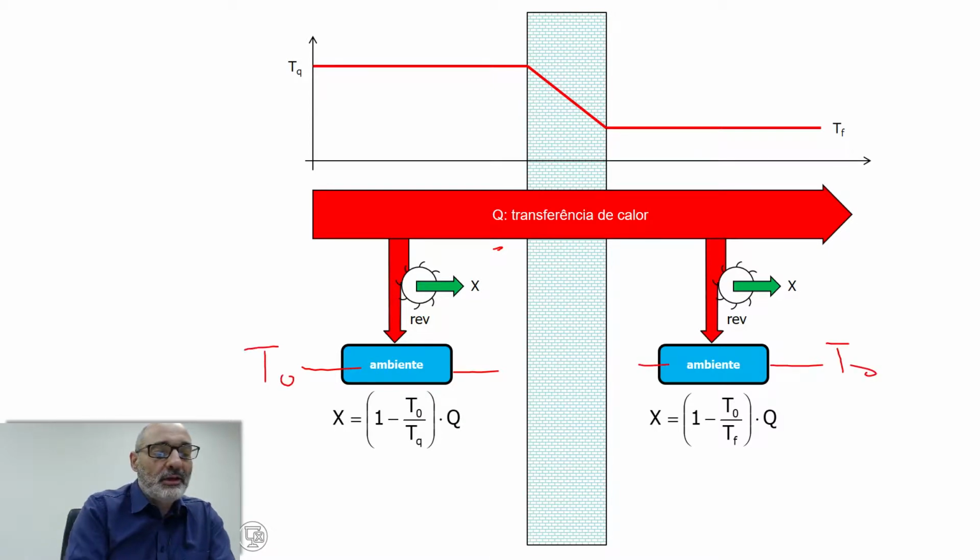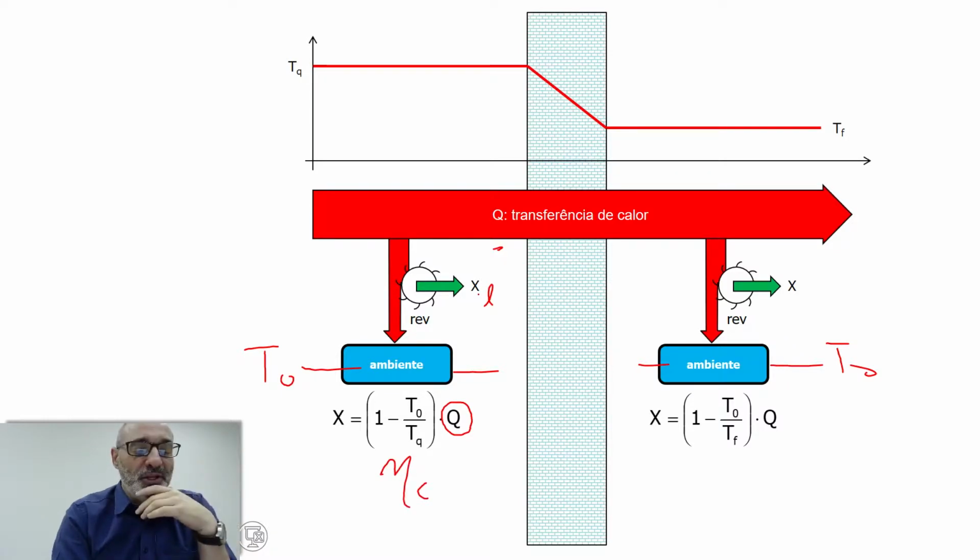So the Exergy content on the left side is x, let's say x left. I calculate this: it's the flux Q multiplied by Carnot's efficiency, the efficiency of the Carnot machine, which is 1 minus T0 over TQ. TQ is this temperature here.